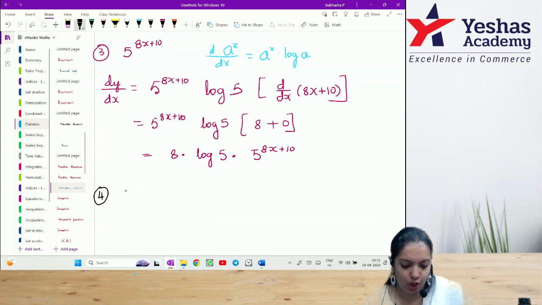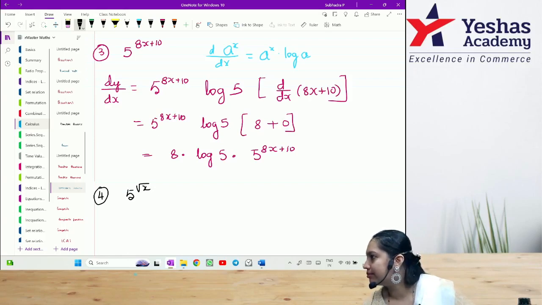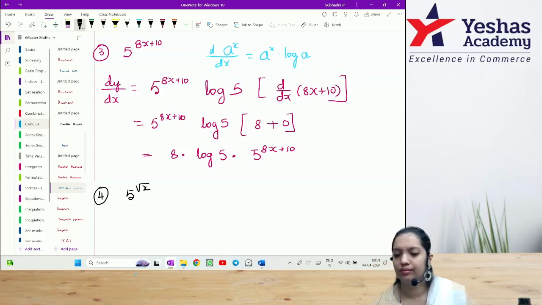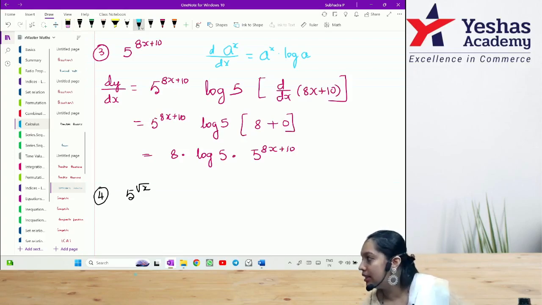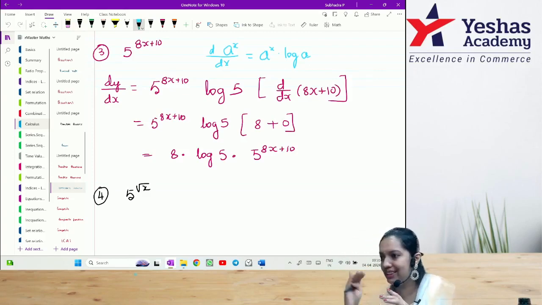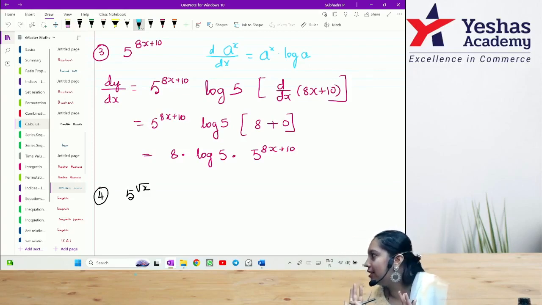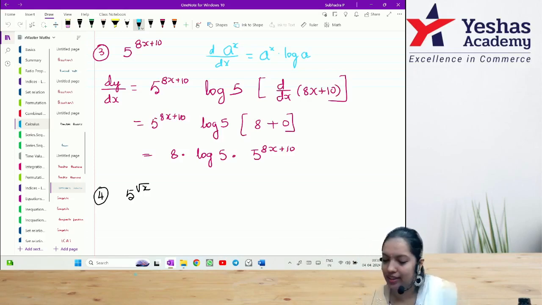I want you to find the derivative of 5 to the power of root x. Can you identify it? How does it look when you say a to the power x? Correct.